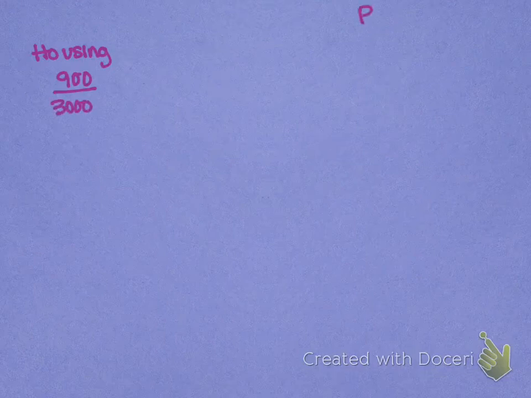For housing, I'm going to set up how much housing is over the total of $3,000. So it's going to be part over whole equals percent over 100. I'm finding percent out of 100.